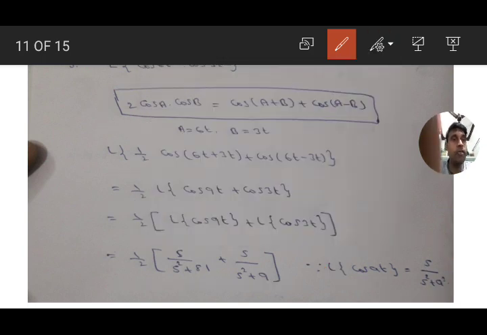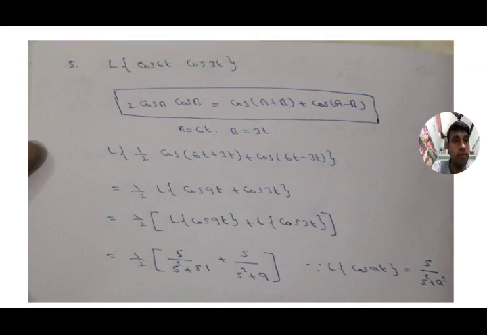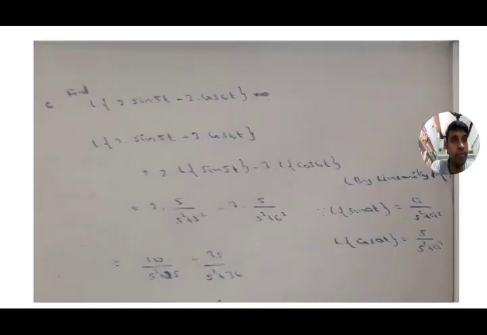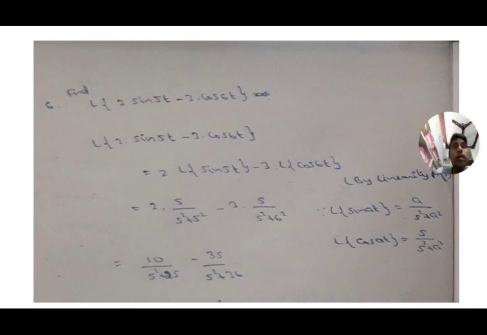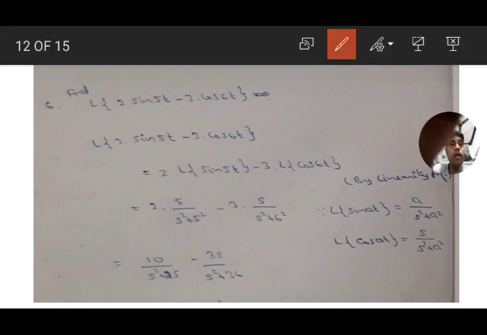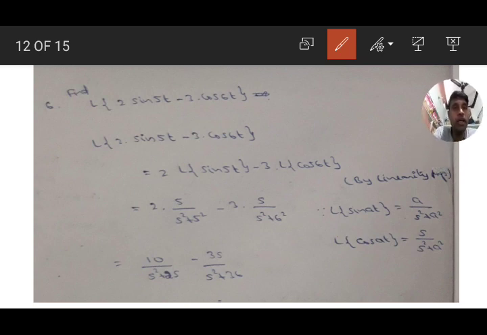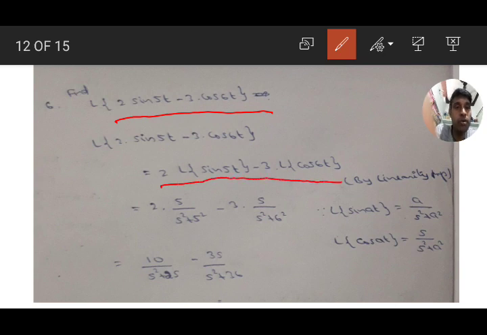Next we will go for the next problem. Find L of 2 into sin 5t plus 3 into cos 6t. So here we have two functions. By linearity property, the constant is outside: 2 outside, L of sin 5t, minus 3 into L of cos 6t.